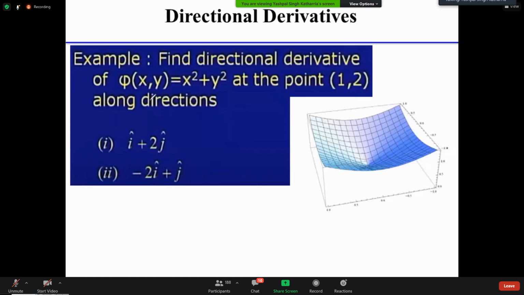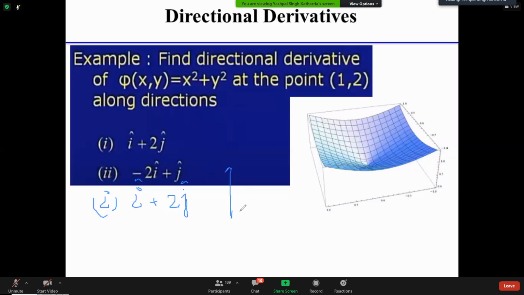So next thing that we can do here is to consider this direction in which we have to calculate the directional derivative. So the direction is given by i plus 2j. Okay, so if you give this direction by i plus 2j, then you try to plot it.